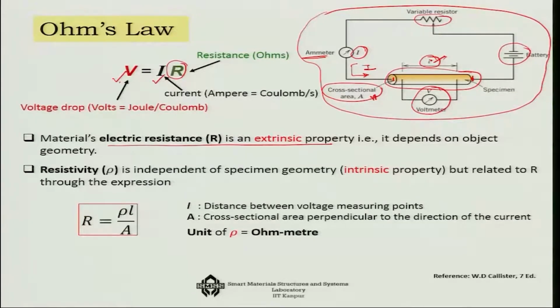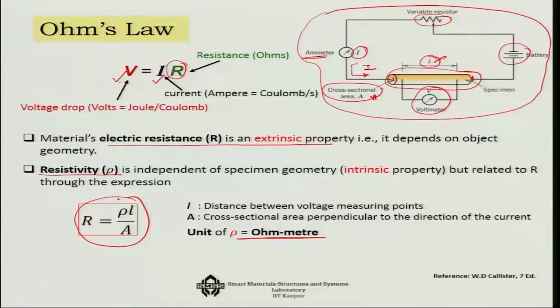So, the intrinsic material property that you should go for is called resistivity, which is denoted by rho. So, rho for density, rho for resistivity, we should not confuse between the two, because the unit here is ohm meter. Now, with respect to the extrinsic property resistance, the relationship is simply given as R equals rho times L over A. That is the relationship.